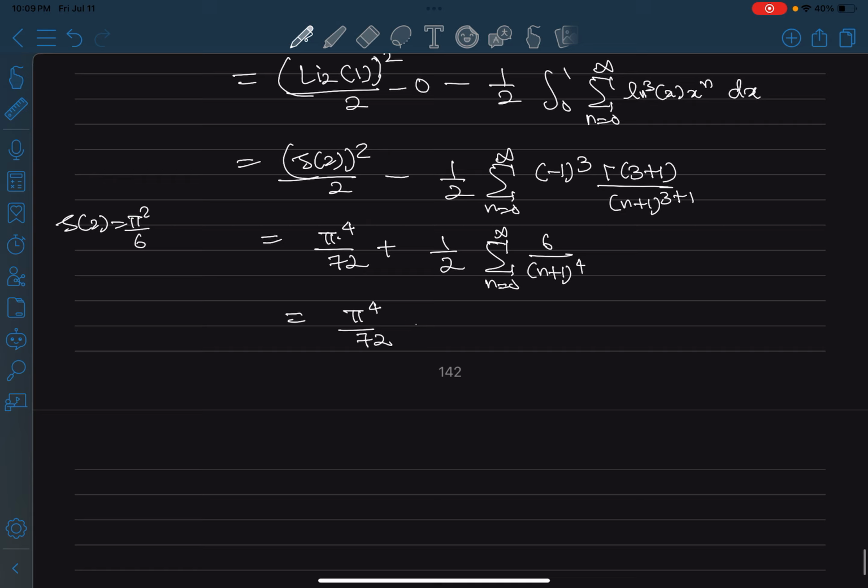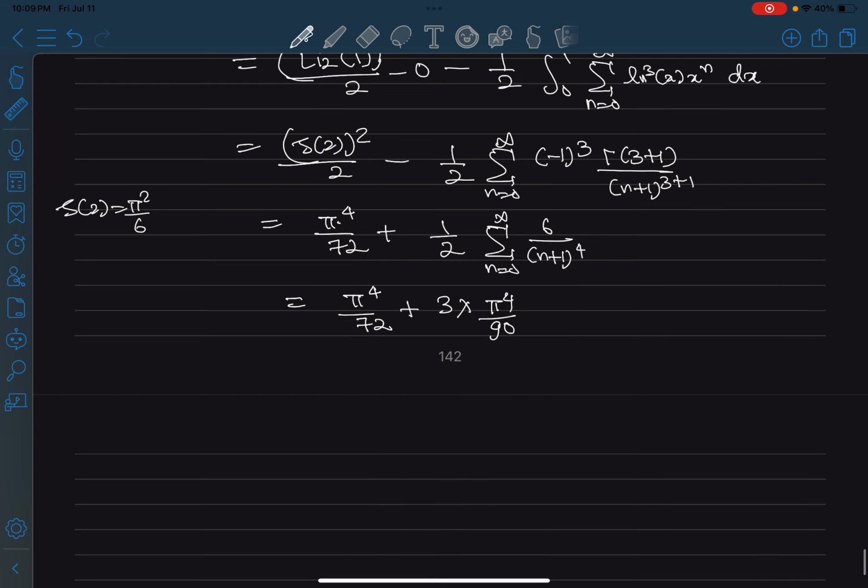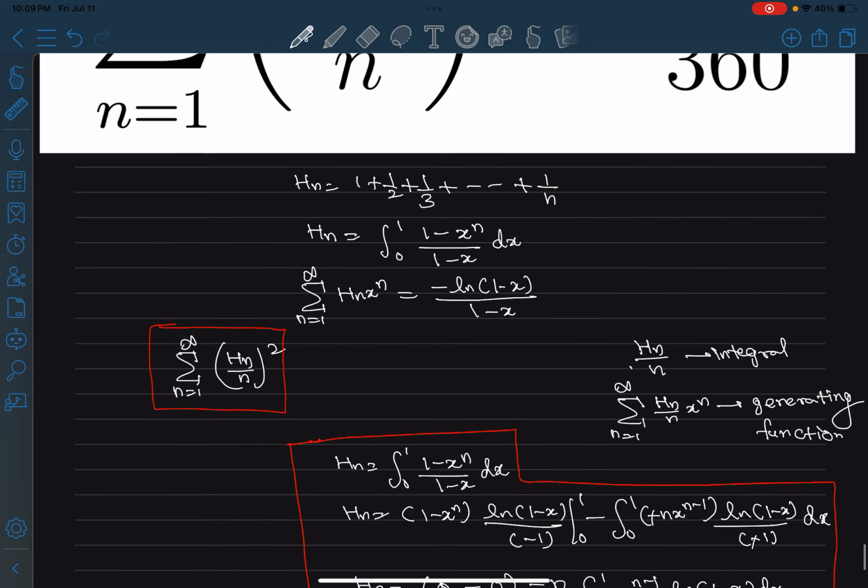And then over here, this is just 3 times zeta of 4, which is pi to the power 4 by 90. Now if I take the LCM, the LCM will be 360 pi to the power 4 times 5, right? And then 30 times 12, right? So this is 17 pi to the power 4 by 360. That's the answer.